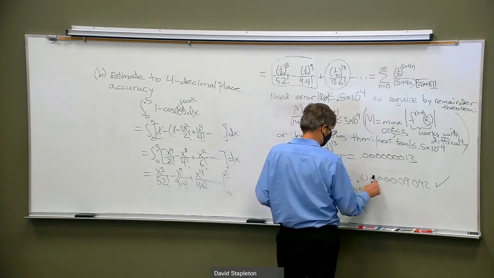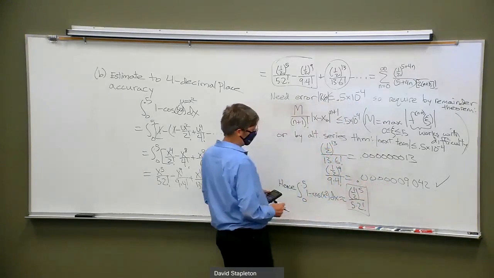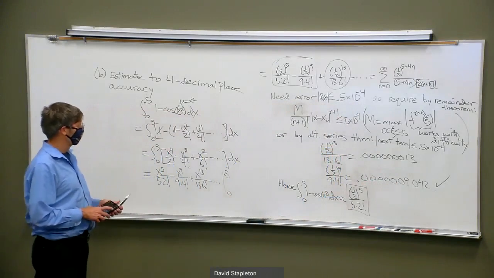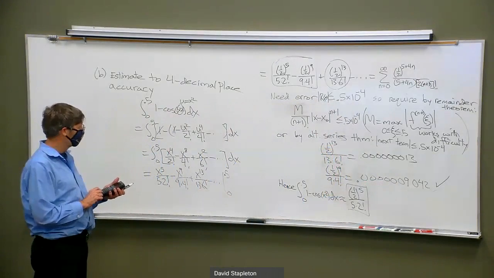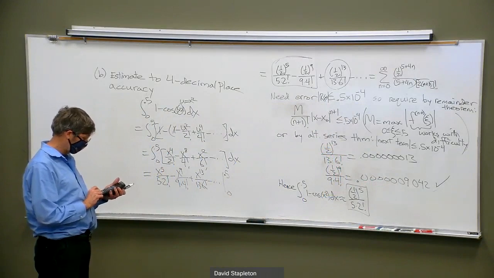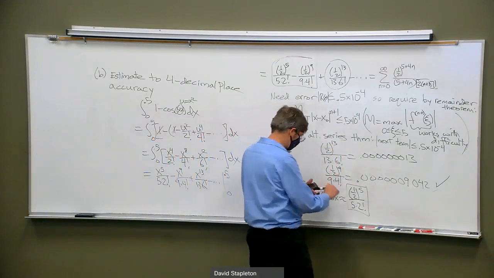More than that, 1, 2, 3, 4, 5 decimal place accuracy. So this time just the first term is all you need to estimate. It comes out to be about 0.0031.